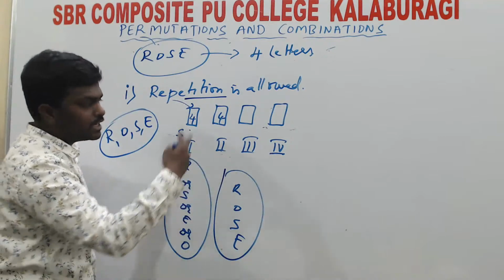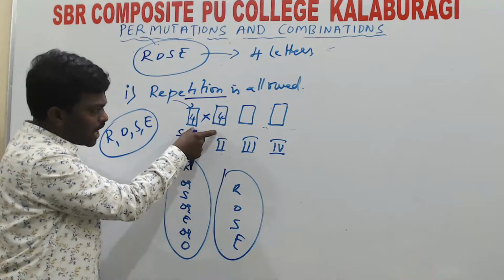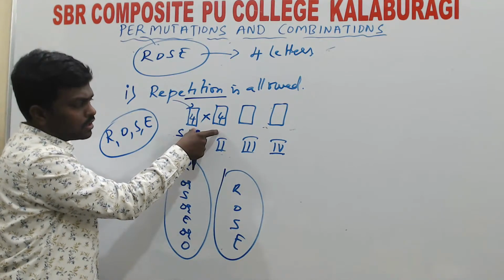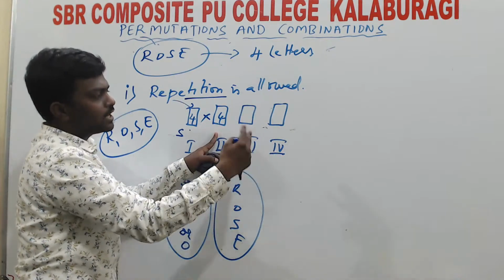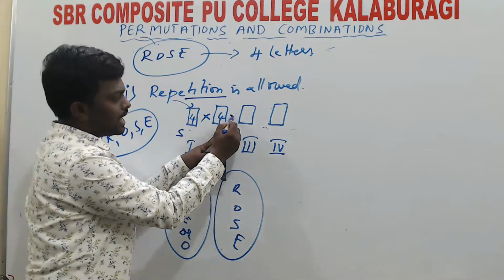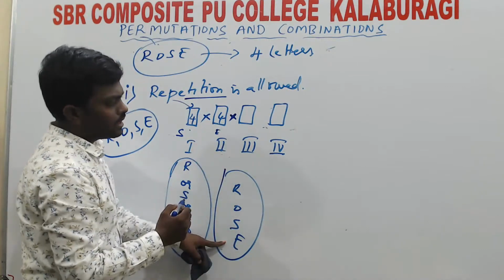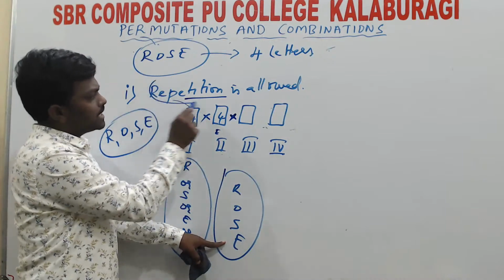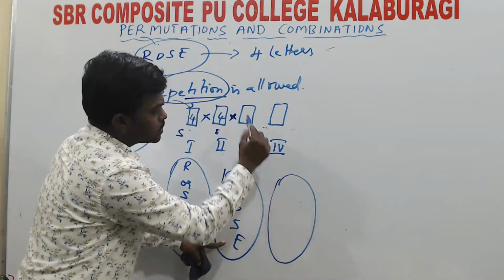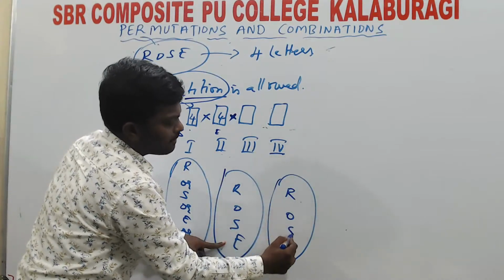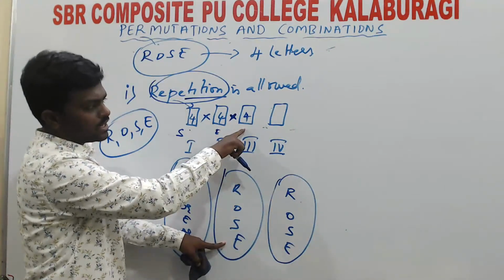And still the event is going on. So multiplication principle, because now it's just a 2 letter word. They are asking us to form a 4 letter word, which means the event is not completed yet. So again, let's suppose we have filled E here. But according to the condition, repetition is allowed, so E can be repeated again. So for the third place we have 4 options, and this is just a 3 letter word.